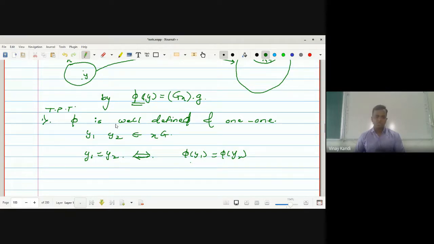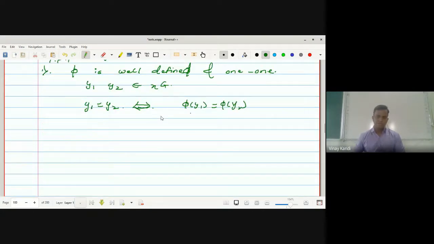What is the actual meaning of proving well-definedness? Who knows? We have defined this mapping. Well defined means: if y1 is equal to y2, that implies phi of y1 is equal to phi of y2. It has been a long time, you must not lose the habit. This is the method to prove the function is well defined.